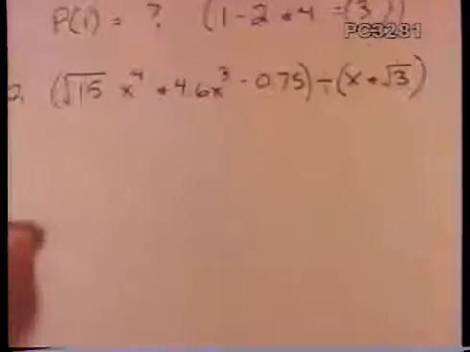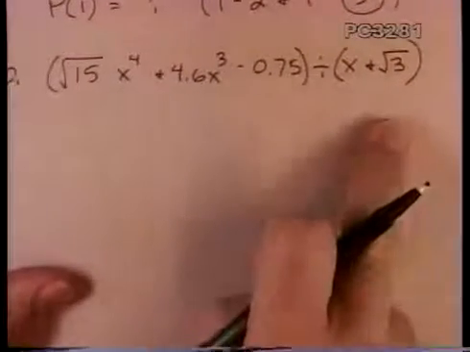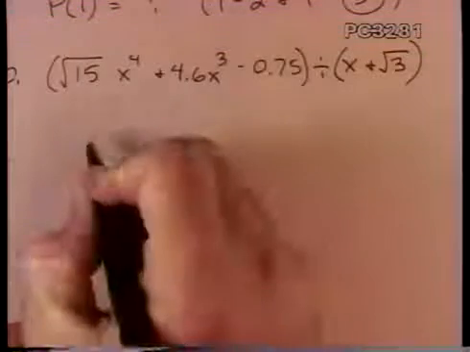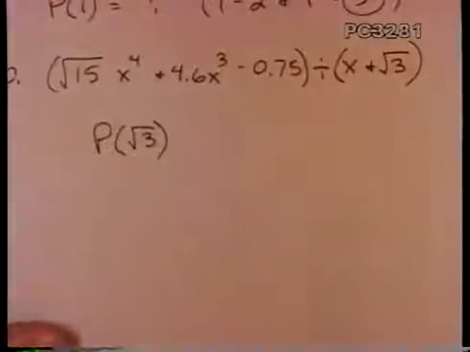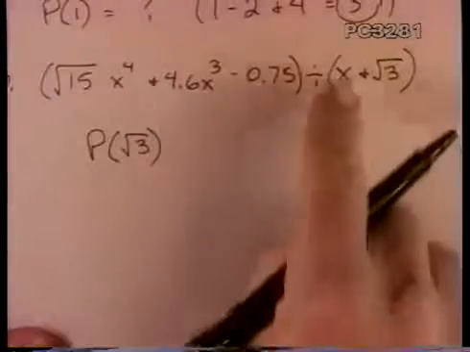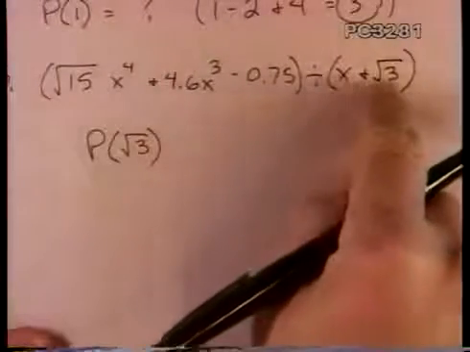Sorry about that. If you got 58, you evaluated p of the square root of 3. But see, we're dividing by x plus the square root of 3.